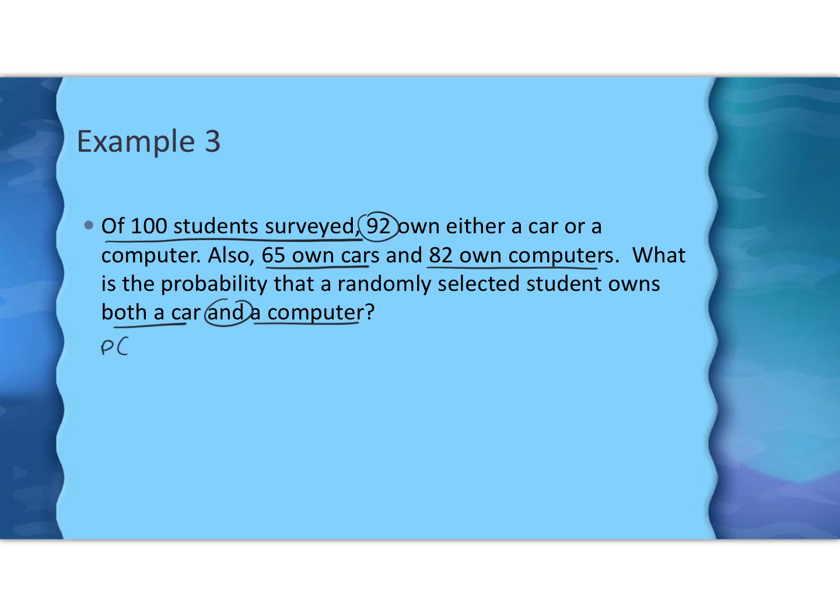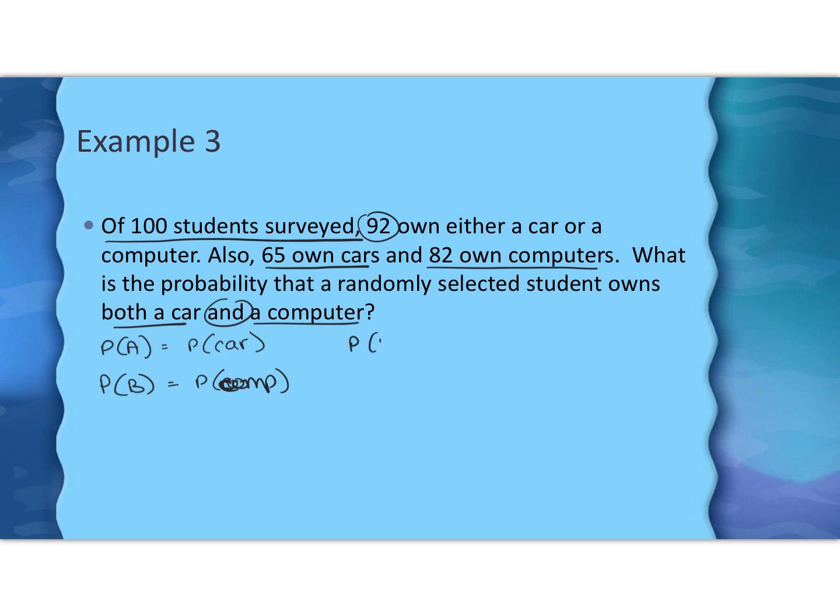So probability of A, let's make it a car. Probability of having a car. Let's make B the probability of having a computer. There is some kind of an overlap there, right? Because they're saying that some own either, but you know there's going to be people that have both. So this is going to be an overlapping scenario. So it's going to be compound.